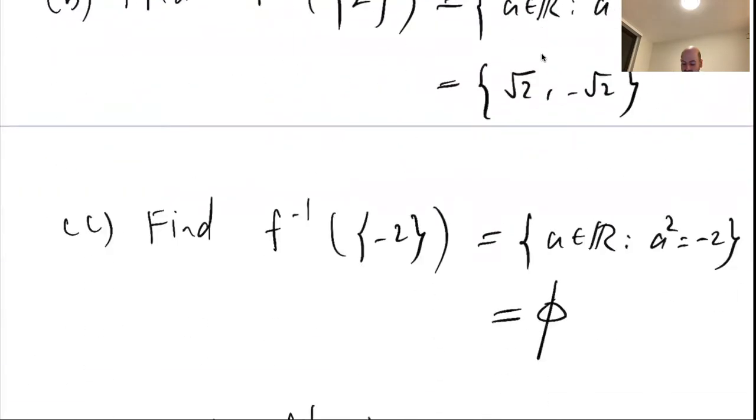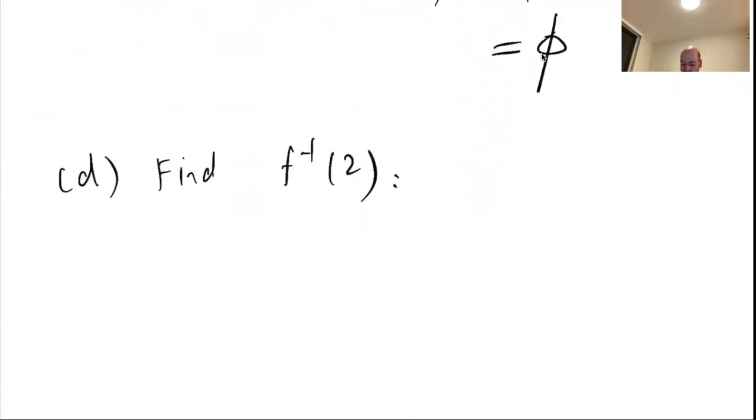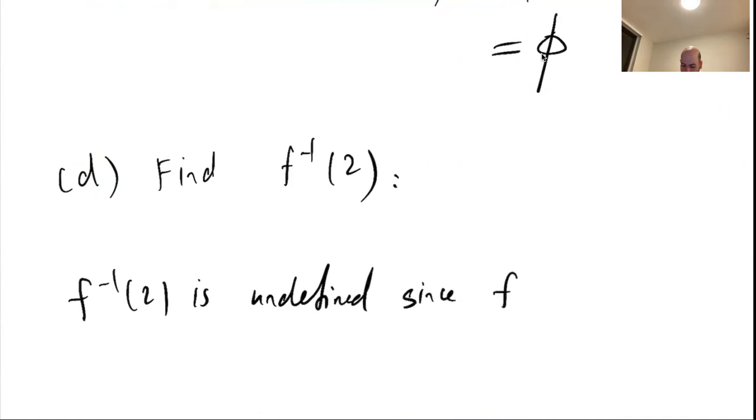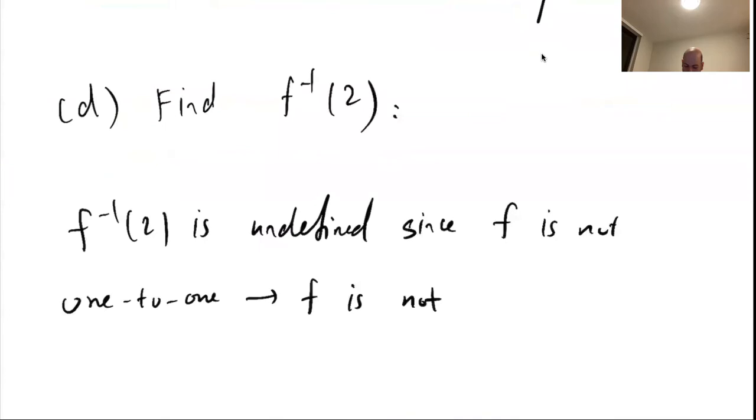And therefore, f inverse of the number 2 is undefined, since f is not 1-to-1. That means f is not invertible. That means f inverse of 2 is undefined.